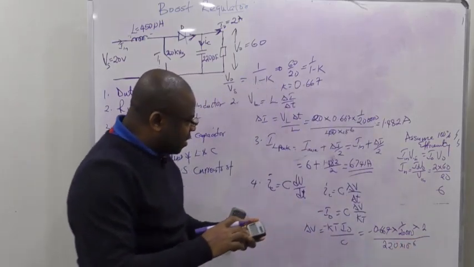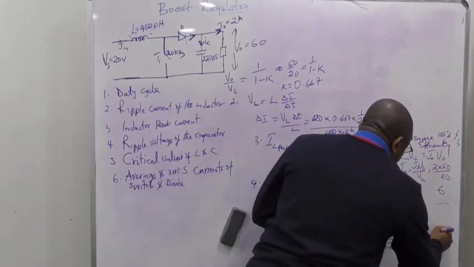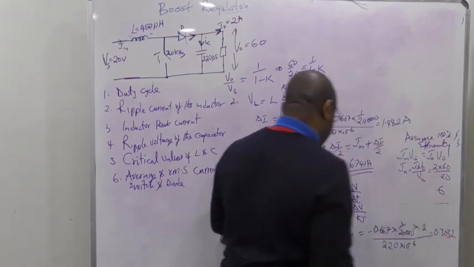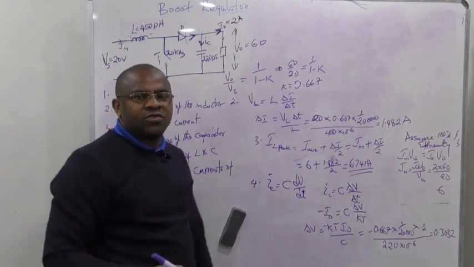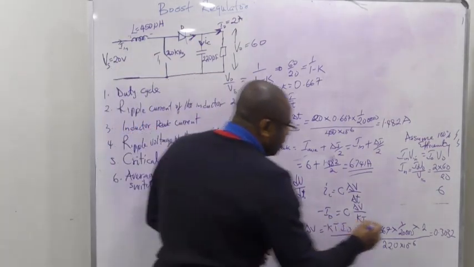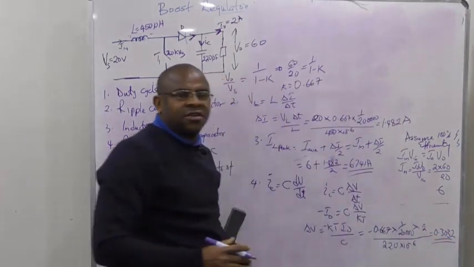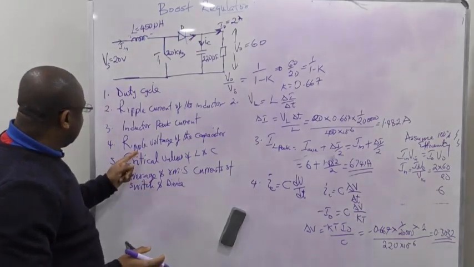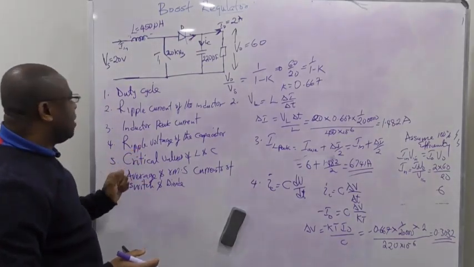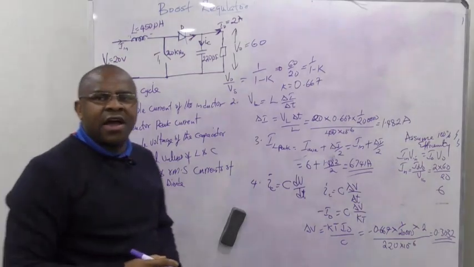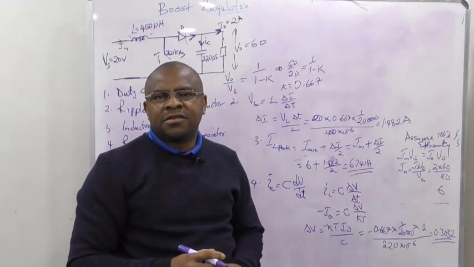So we just divide that. Let's see. So we get 0.3032 volts. All right. So you get that. So that is how we get 0.303 volts. Now, I think that's all. The ripple voltage.